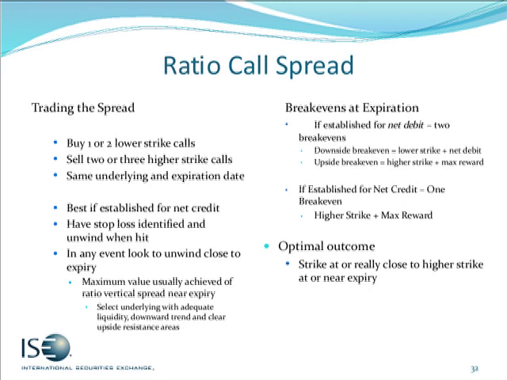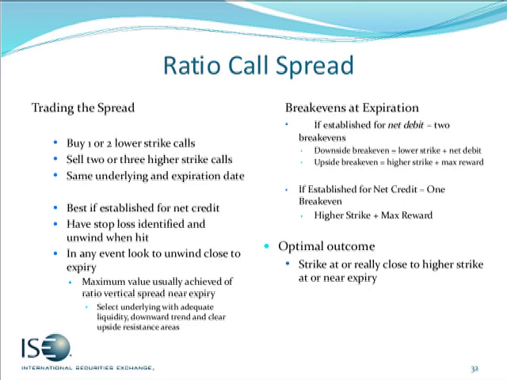It's going to be achieved at expiration. The break-evens at expiration, if established for a net debit, there are two potential break-evens. The downside break-even is the lower strike plus the net debit. The upside break-even is the higher strike plus the maximum reward.